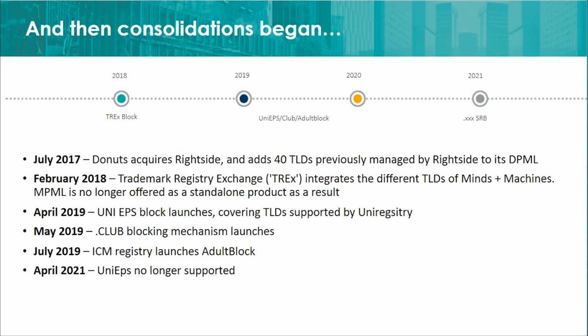So that block will be slowly going away as well. What's expected to happen by the end of 2021 is also the transformation of the original XXX blocking mechanism into AdultBlock, and we'll dive deeper into that in our webinar today. So more to come, but these are just things to keep an eye on as registries continue to consolidate, merge, and some blocks surviving and some blocks expiring.